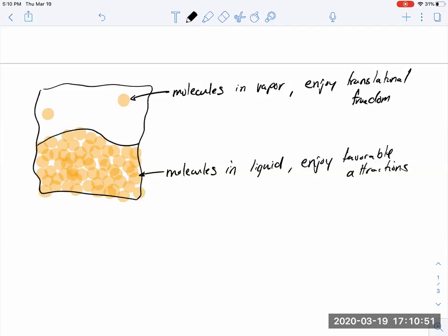So in some sense, in this sketch, coexistence is occurring because molecules can be happy either because they are enjoying favorable attractions or because they are enjoying high entropy, high translational degrees of freedom. Now that makes you worry a little bit about these molecules here at the interface.